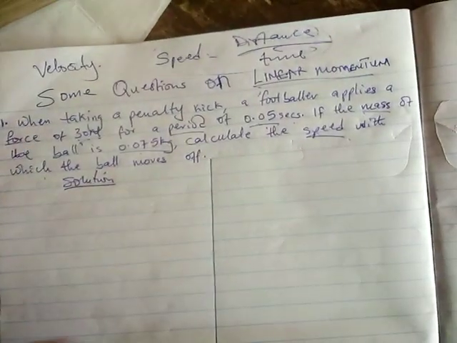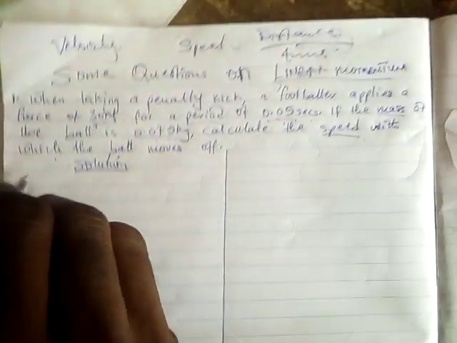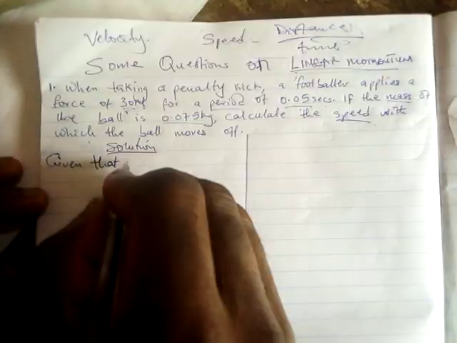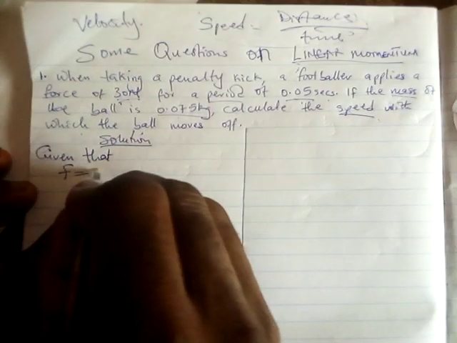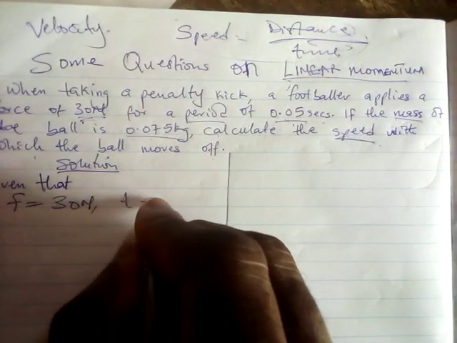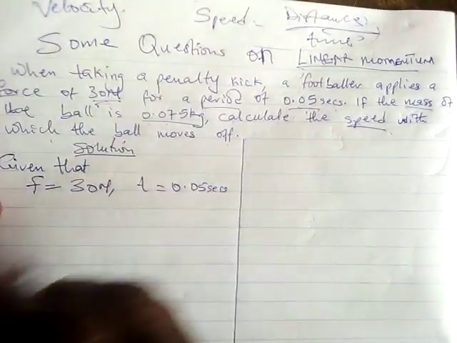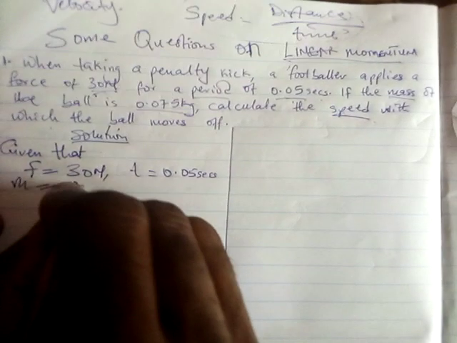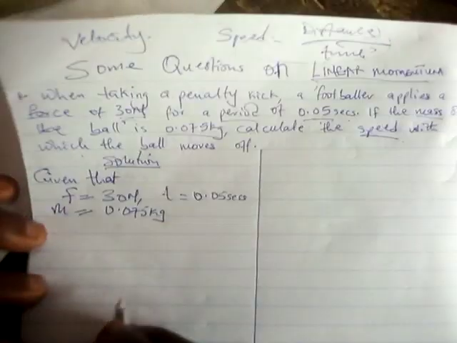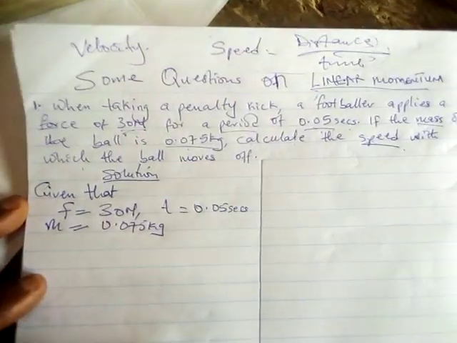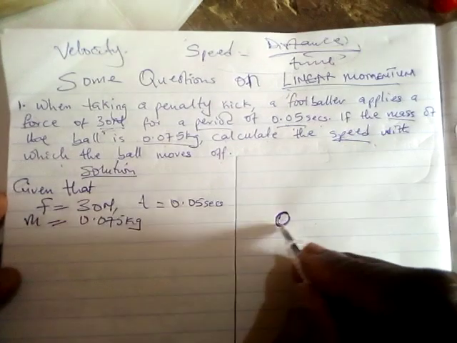Which means we can now identify the parameters and say we are given that force equals 30 Newton, and then the next one is time. Time equals 0.05 seconds. The next one there is mass. M equals 0.075 kg. And in that question, don't forget, it's a penalty kick. What that means is that the ball was stagnant, at a state of rest.